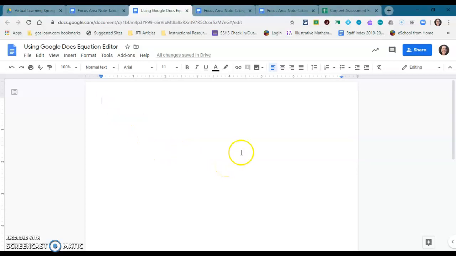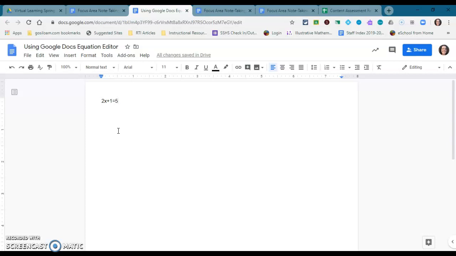So let's say there's a problem where it's wanting me to solve an equation. We're going to keep it pretty simple: 2x plus 1 equals 5. Now, I just typed that in using the keys on my keyboard. There's nothing wrong with that.